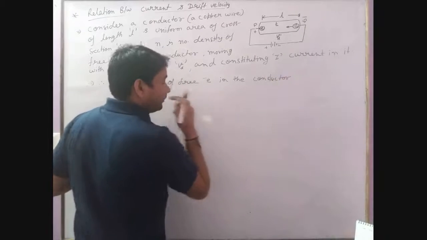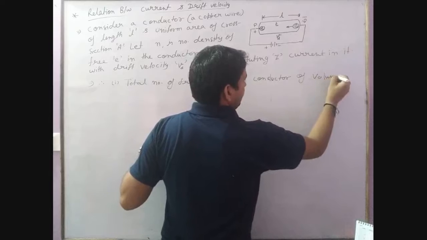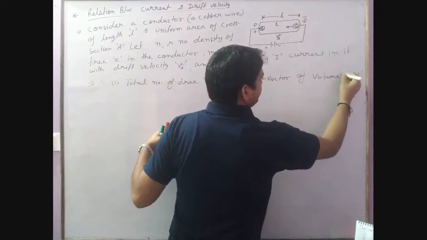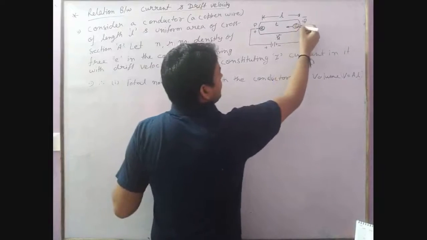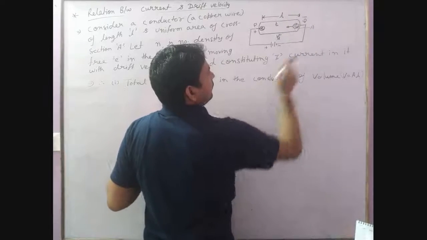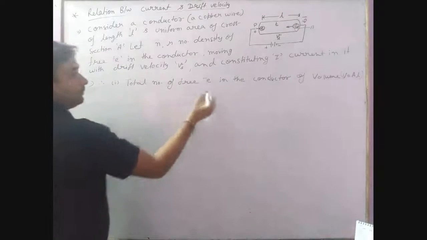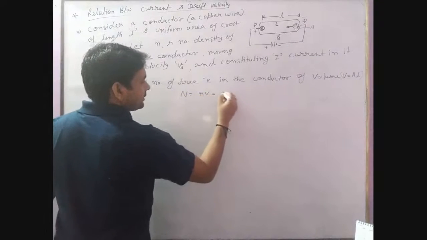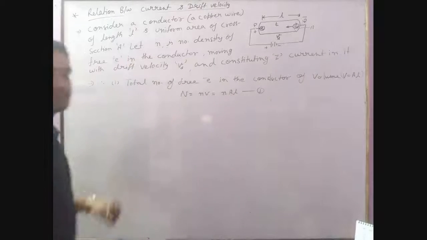In the conductor of volume V equal to A into L, where A is the area of cross section and this is the length, when we multiply the length and area we get the volume. So capital N is equal to nV, which is taken as nAL. This is your equation first.